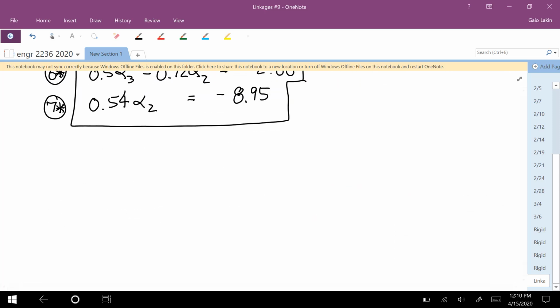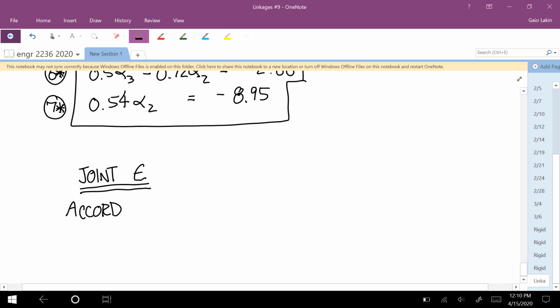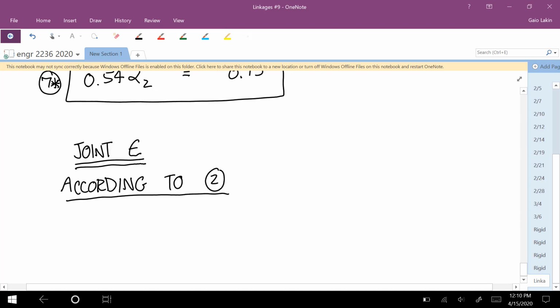Okay, so now we're at joint E. Well, joint E, according to member 2, that's just the center of mass, and we have a variable for that.